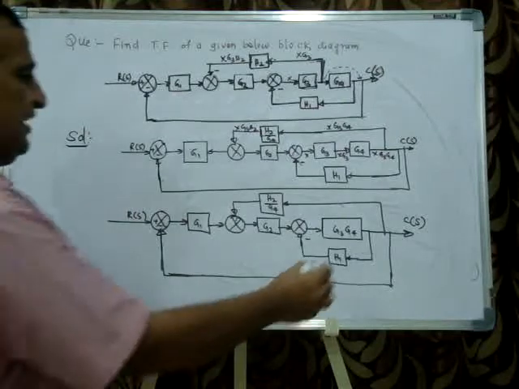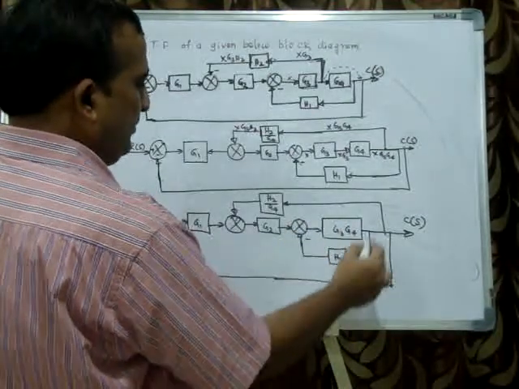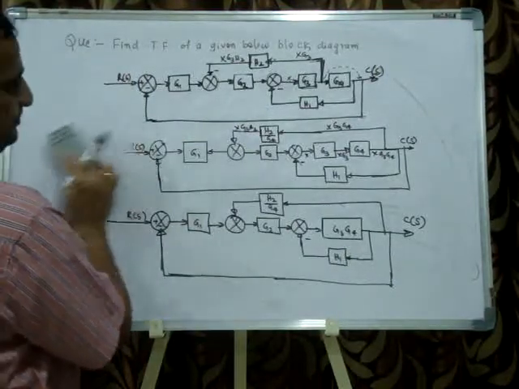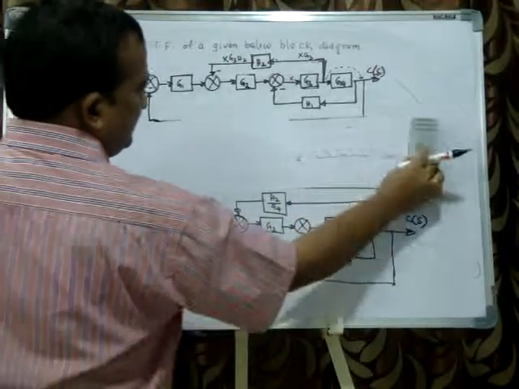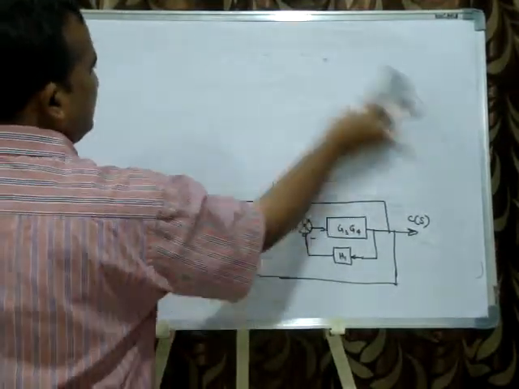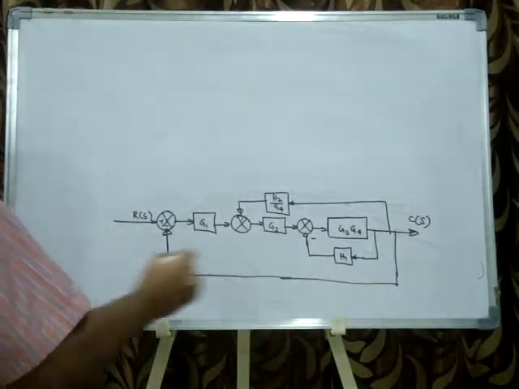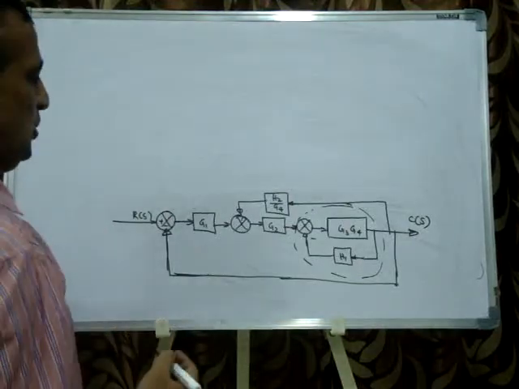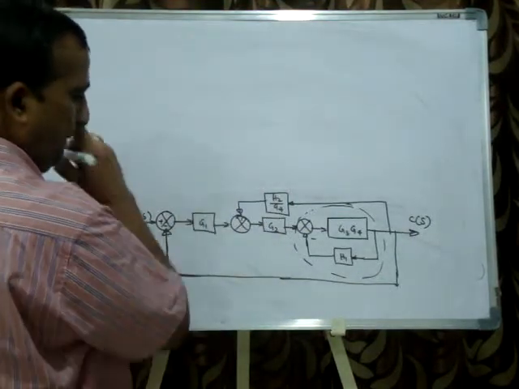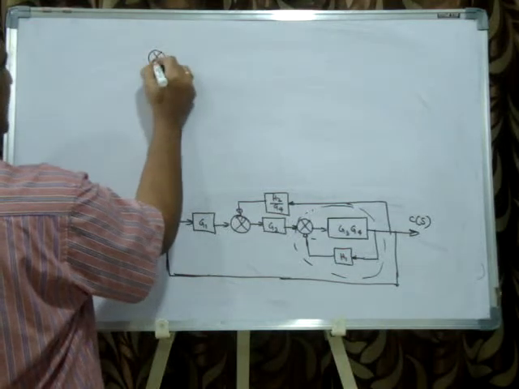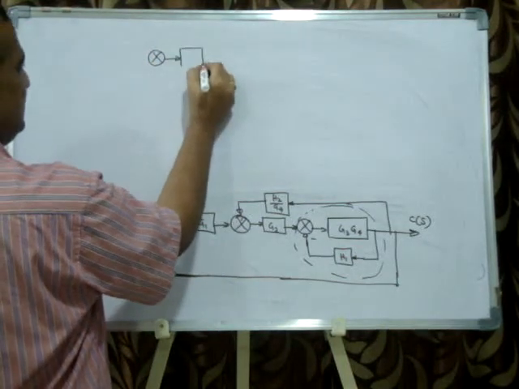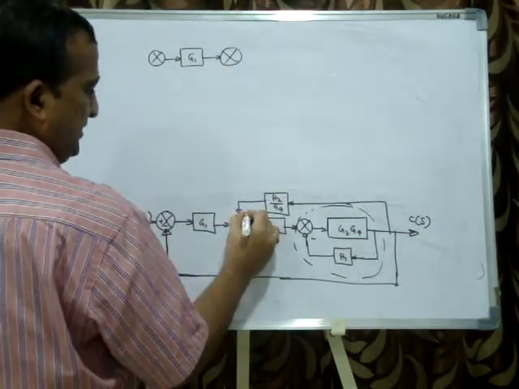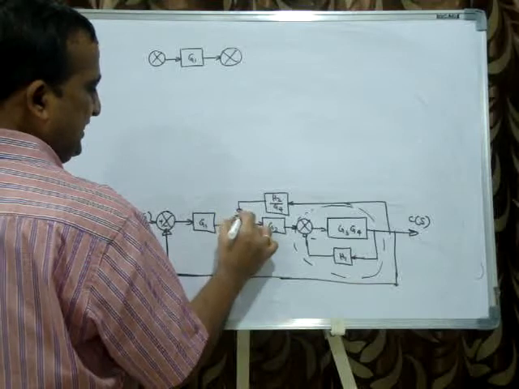Now this is a minor feedback loop. This is a minor feedback. Next tool I'll apply. This is a minor feedback loop. So now I'll draw once again here G1, then here whatever sign he has given.